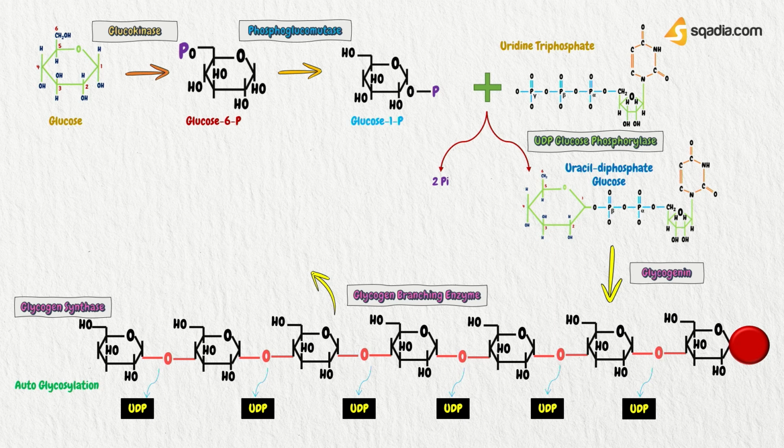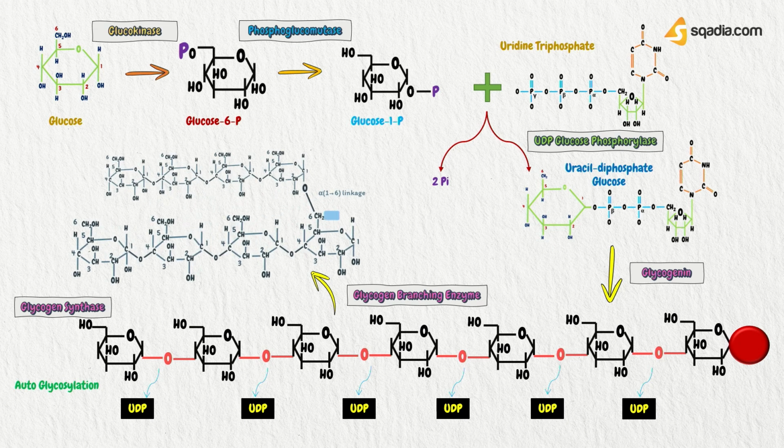It will remove the alpha-1,4 glycosidic bond and shift it towards an alpha-1,6 linkage, which means it is going to remove the bond from the 4th carbon and move this bond towards the 6th carbon position.